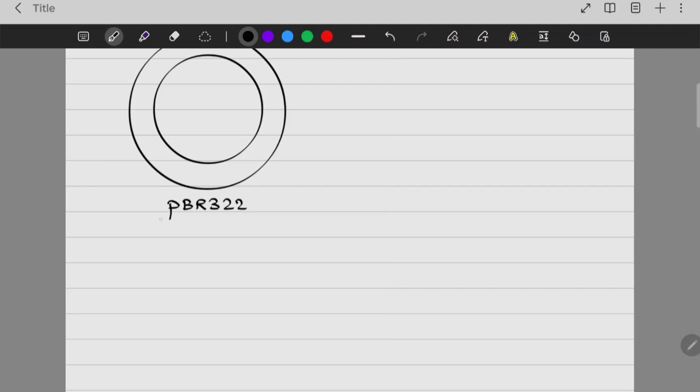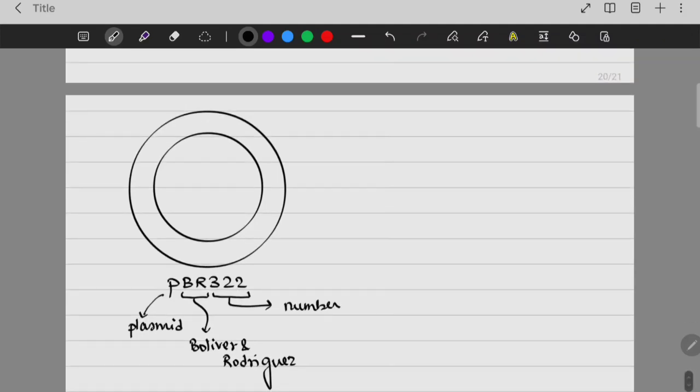Here P means plasmid, BR stands for the founders of this plasmid, Bolivar and Rodriguez, and 322 is the number of the plasmid. Now it has different components. One which we are explaining here is BAM-H1.